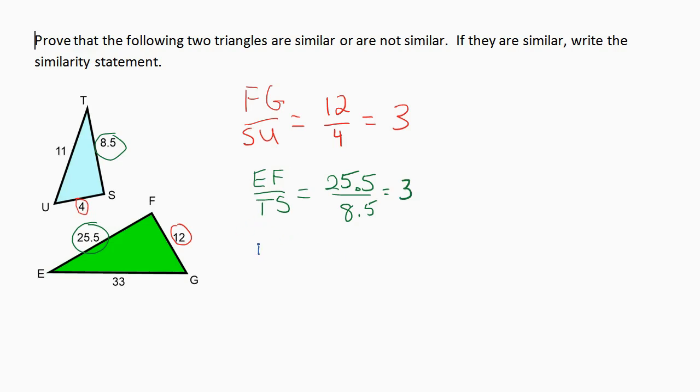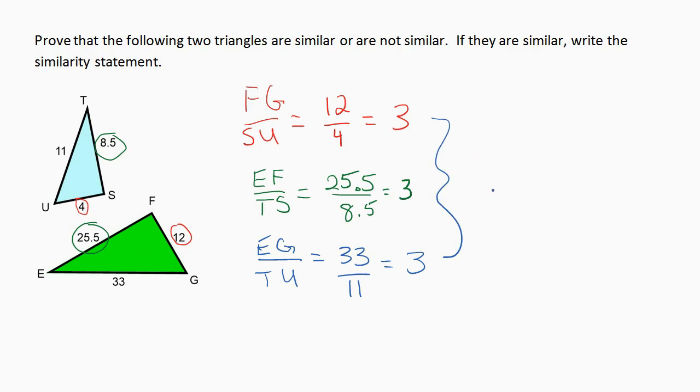So the length of EG compared to the length of TU. So EG is 33 and TU is 11. Should be able to do that in your head. Now since all three of these are the same, we know that these two triangles are similar.